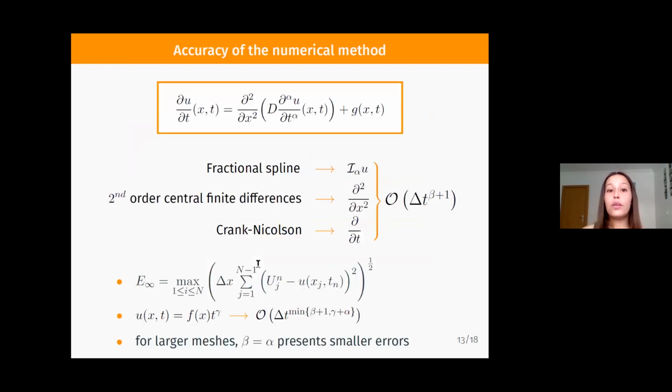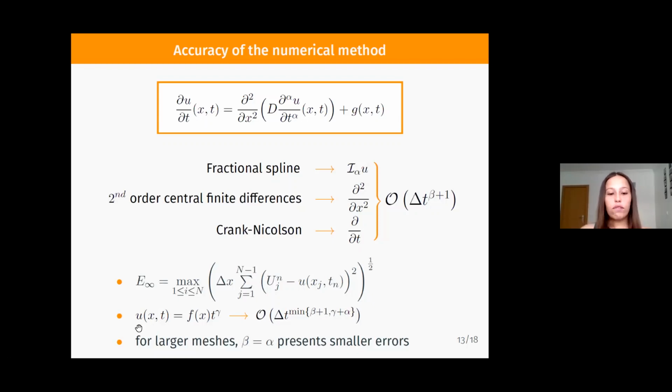Then we created a numerical method for this fractional differential equation. We use the fractional spline to approximate the integral operator, the second order central finite differences to approximate the second derivative in space, and Crank-Nicolson to approximate the first derivative in time. We computed the error bounds and we obtained an accuracy of beta plus 1 for solutions that are regular enough.